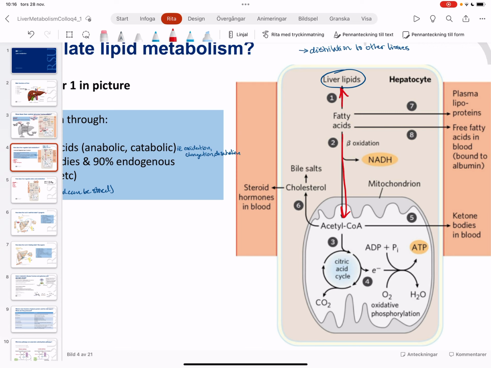Yes, but in case we have glucagon present and the citric acid cycle is not working because there are not enough intermediates, for example on a low carbohydrate diet, then we will make ketone bodies.